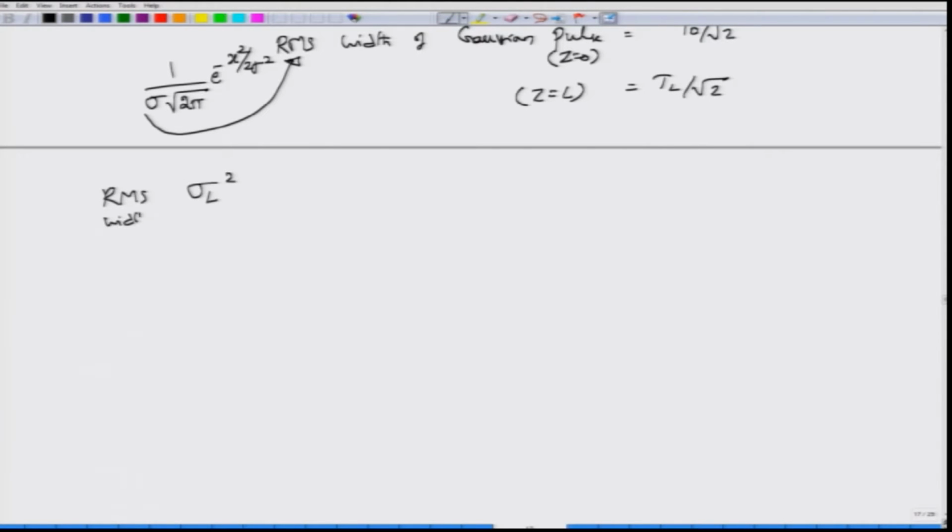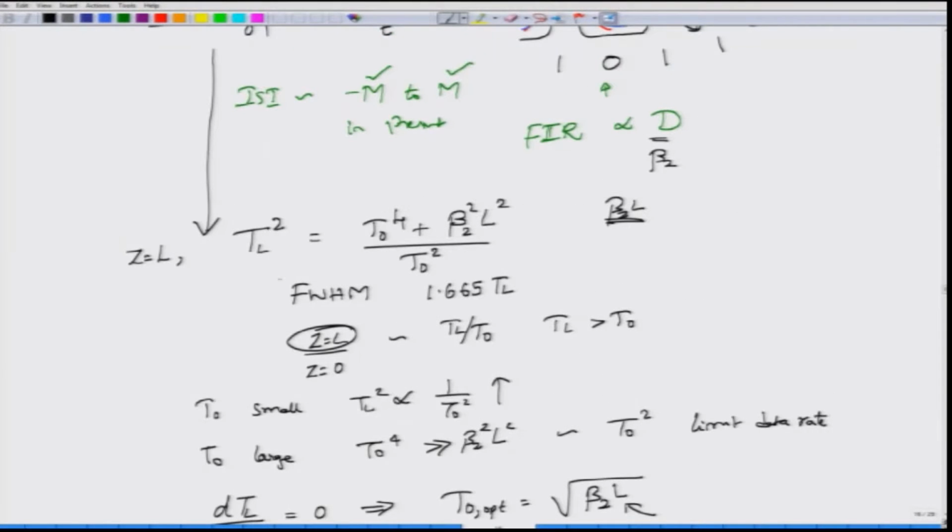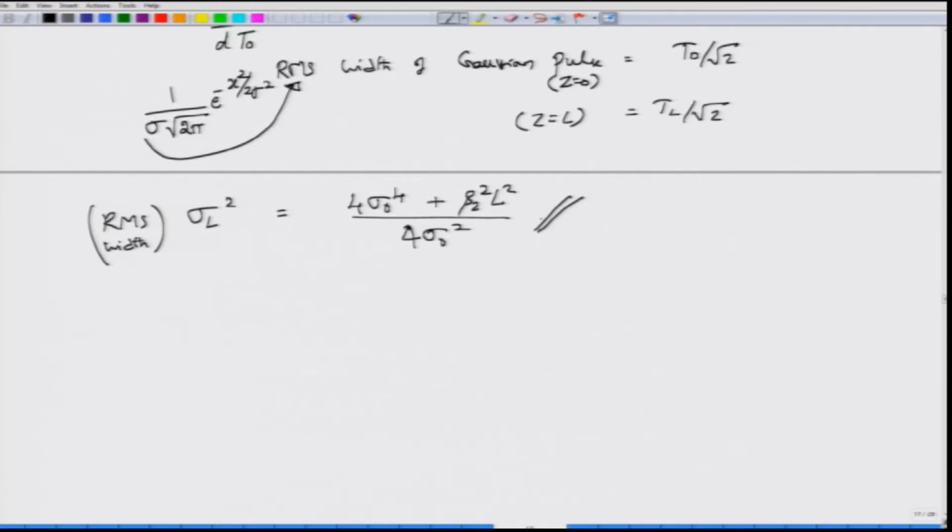This is not the shot noise variance that we were looking for. This is the RMS width after propagating a distance z equal to L, and can be written as the square root of sigma 0 to the power 4 plus beta 2 square L square divided by 4 sigma 0 square. What we have done is to simply replace TL and T0 in this expression by the corresponding variables sigma L and sigma 0.